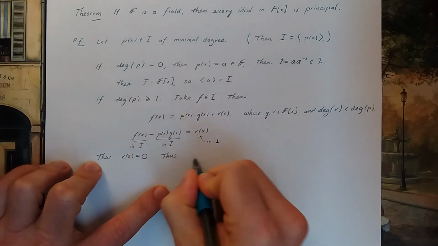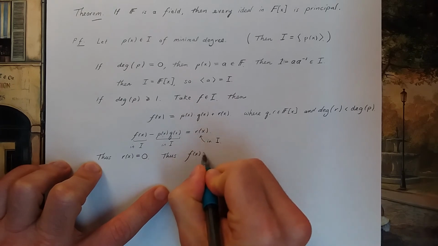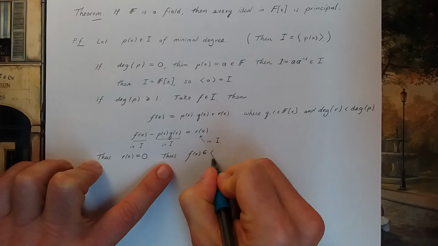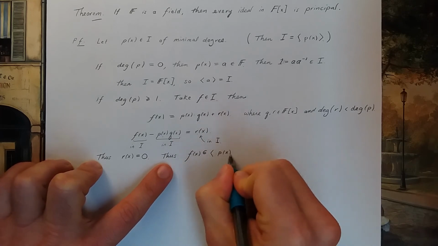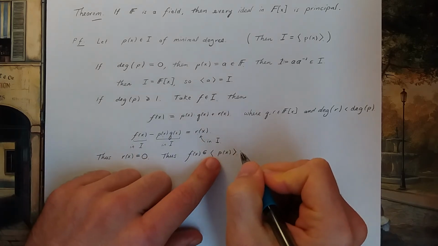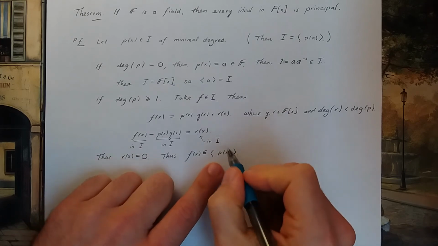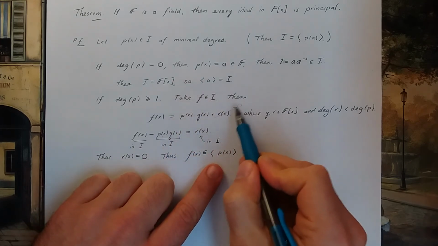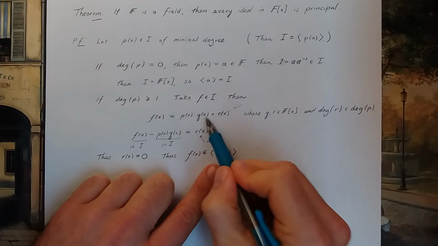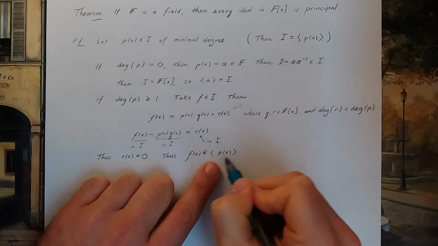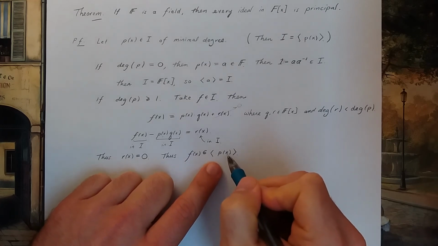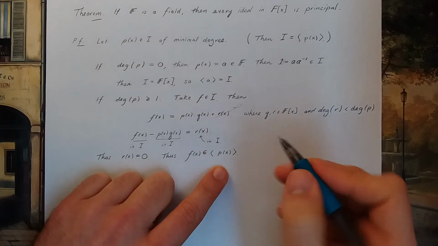Thus, my function f(x) is in the ideal generated by p. It's in the ideal generated by p because it's a multiple of p. This remainder term is 0, so f is p times something else. That's exactly what this ideal generated by p is. So we're done.